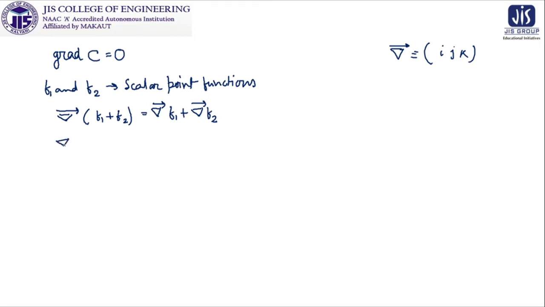Now another property of this one can be shown on the product of f1 and f2. What will be the result? The result is this one plus this one.